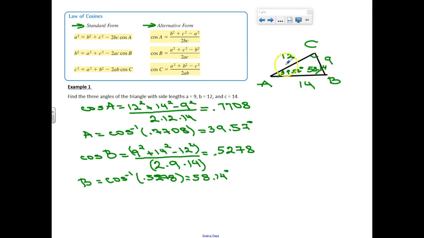Now we have one missing angle. Should we use the law of cosine again?